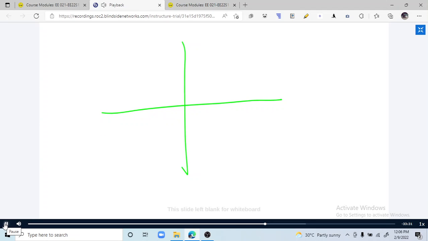This will be our format now. Cosine to sine. So this will be our cosine, this will be our sine, and this will be our negative sign.